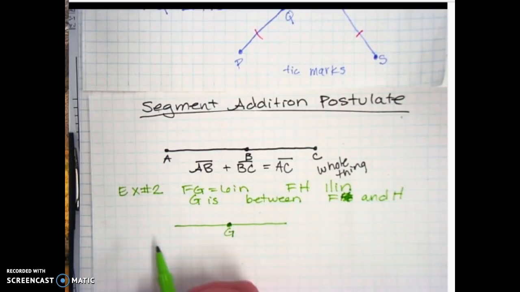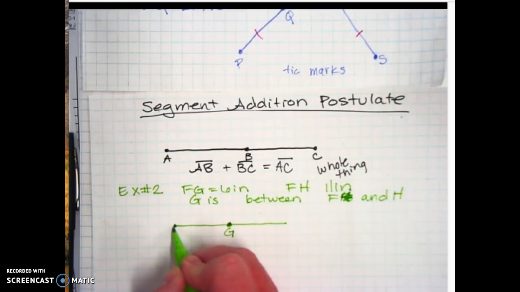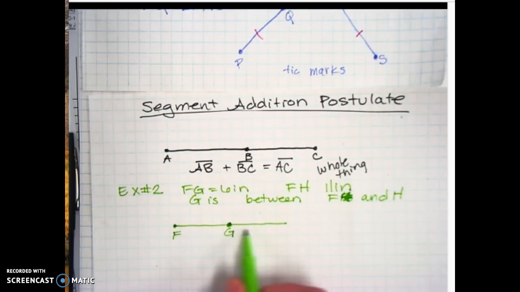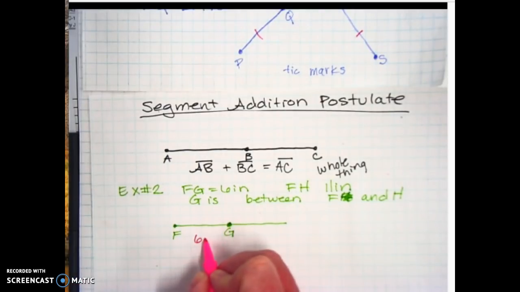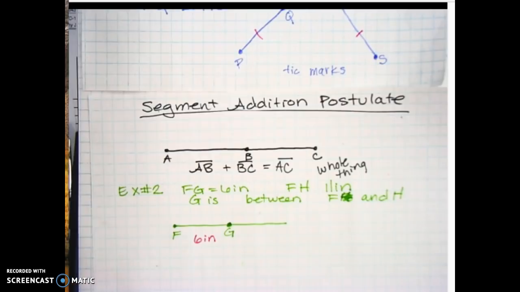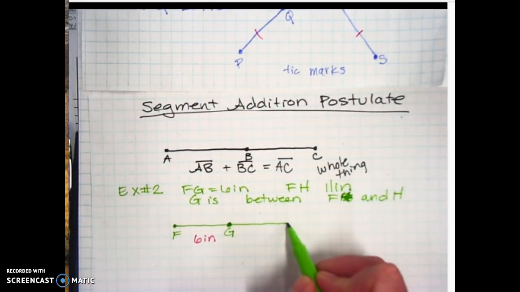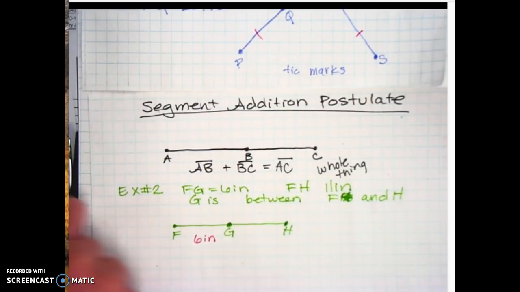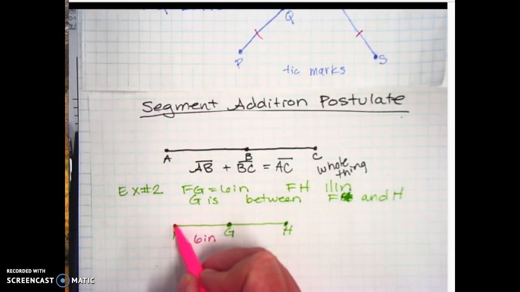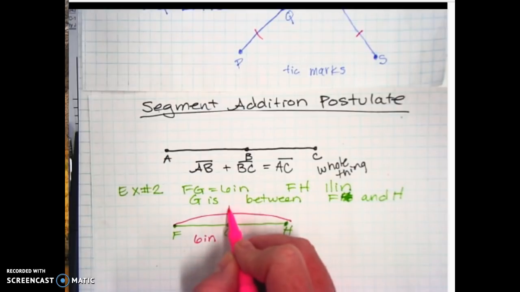And if F to G, we'll put right here. Here's F. F to G, we said, is 6 inches. And F to H, the whole thing, so let's make this H. The whole thing is going to be 11 inches.